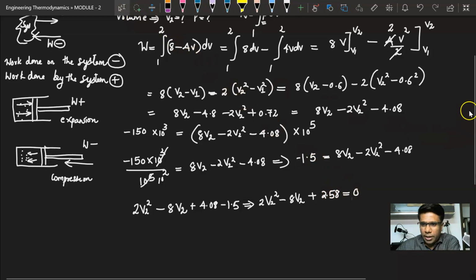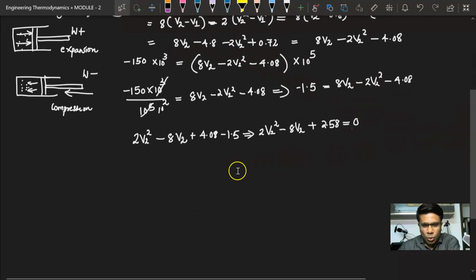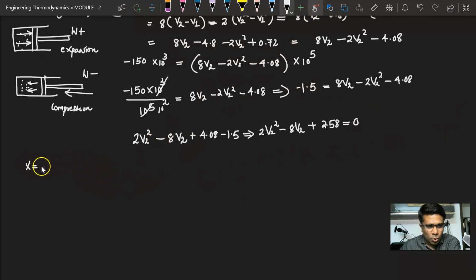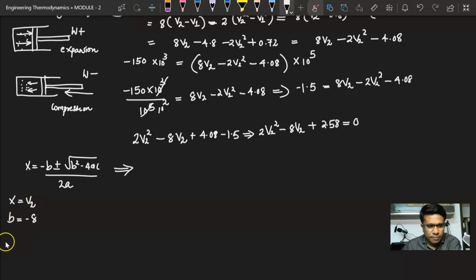Now I have a quadratic equation in terms of V2. Therefore, I am going to solve this by using the formula. We know that x is equal to minus b plus or minus root of b square minus 4ac by 2a, or you can use a calculator to directly solve it, but I am just using this formula in case you don't have a calculator with equation solving. So here x is equal to V2, b is equal to minus 8, a is equal to 2, and c is equal to 2.58.